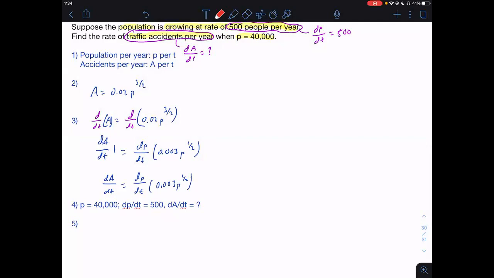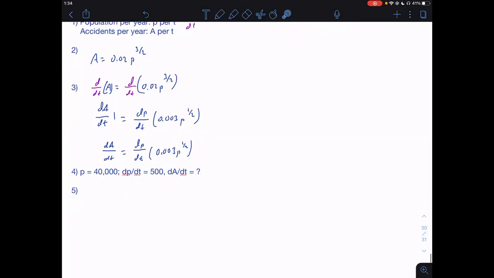Okay, so now let's plug in what we know into our equation and solve for the unknown. Using our equation from step 3, dA over dt is going to equal dp over dt, which is given to us as 500, so we plug in 500 into this differential, multiply by 0.003 times p, where p was given to us as 40,000, to the 1/2.